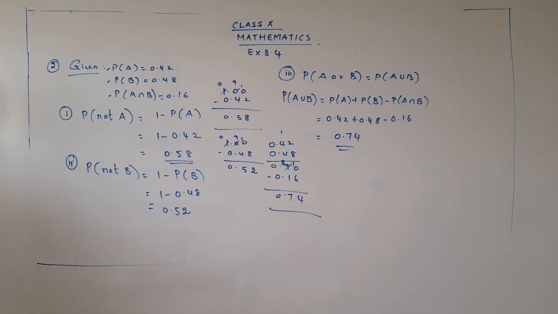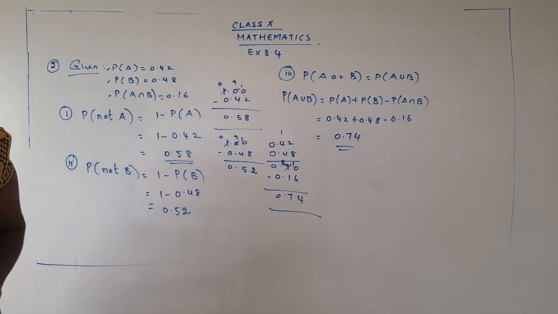Okay, so this was our sum number 2. Now you are going to take down sum number 3. Copy down question number 3.